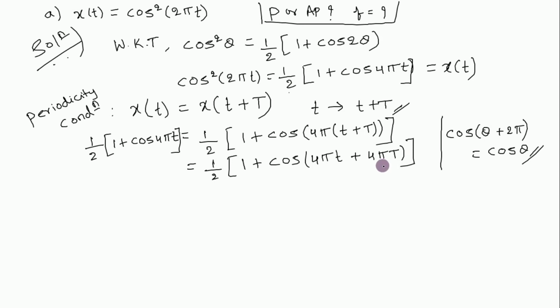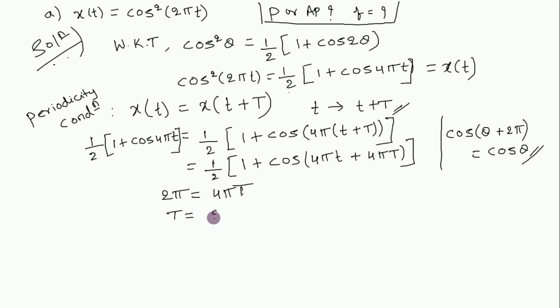If I equate 4 pi T to 2 pi, then we'll come to know this signal's periodicity. So we have to equate 2 pi with 4 pi capital T.